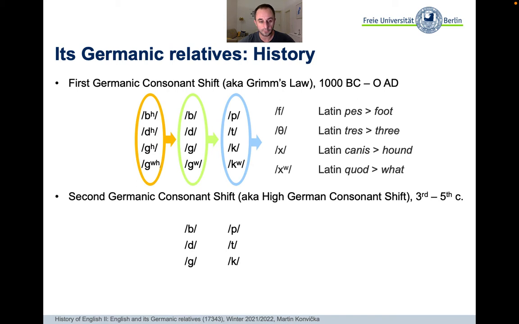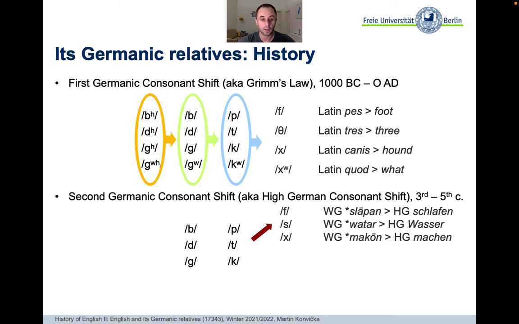It affected, first, there were again several things that happened. The first thing that happened was that from the Proto-Germanic or West Germanic sounds p, t, k, we get the sounds f, s, and ch in certain phonological contexts.